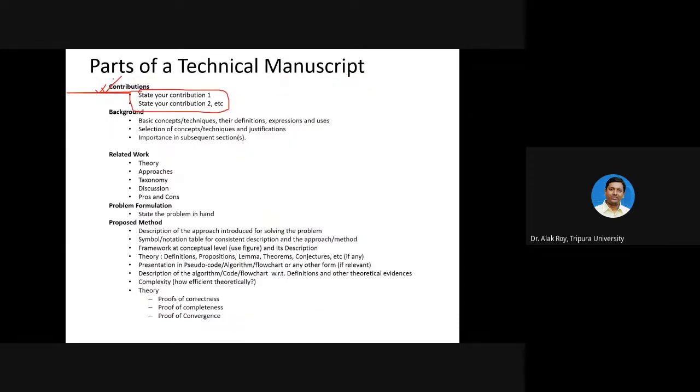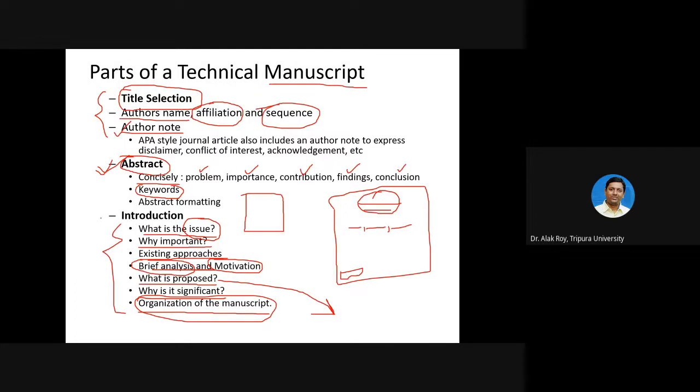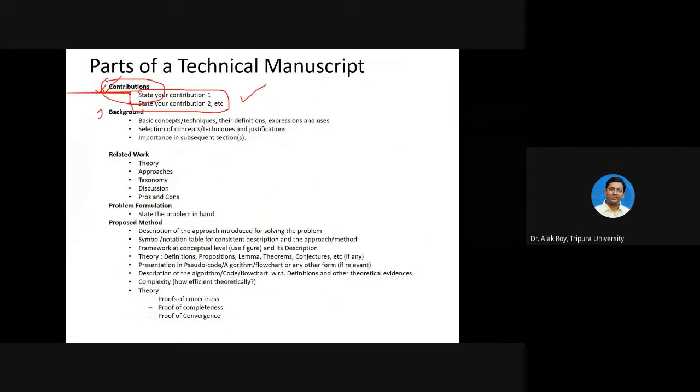So a separate contribution part is not always compulsory; it depends on the importance of your problem. But section 1 will always be the introduction, section 2 will always be background details, and section 3 is related work. So what is covered in background details?